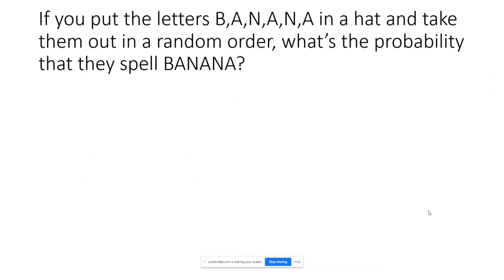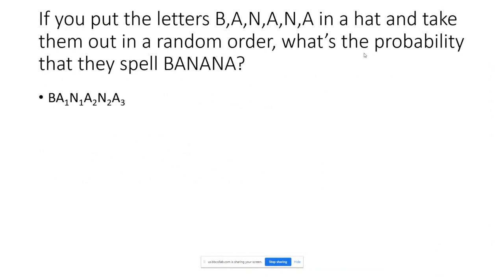So this is similar to our problem about the word math, but it's a little more complicated because now we have some letters that are duplicated, where we don't care about whether the second letter is the first A or the second A or the third A. We just care that it's some A. But we can use the tools that we talked about here to solve this.